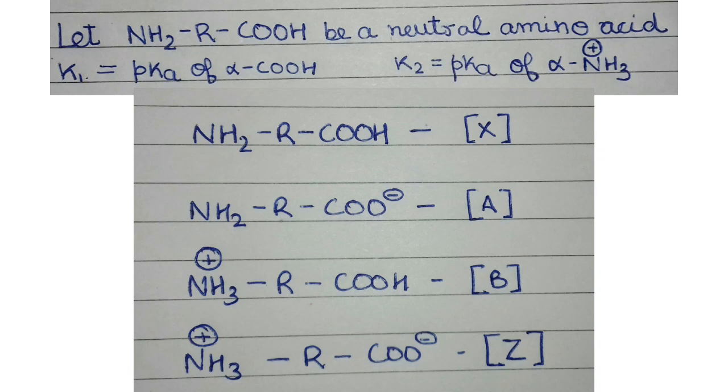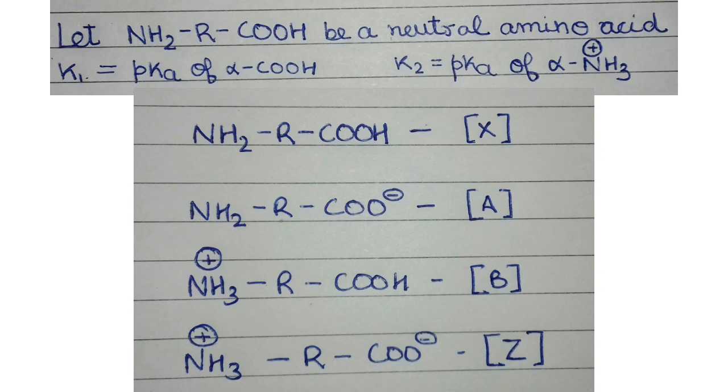So I am doing it for a neutral alpha amino acid, say NH2RCOOH. It is an alpha amino acid, but for ease of writing I have written it in the form NH2RCOOH. Let K1 be the pK of the alpha carboxylic acid group and K2 be the pK of the alpha ammonium salt.